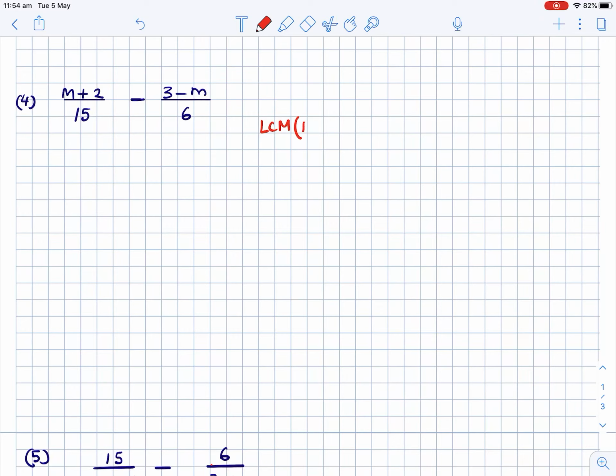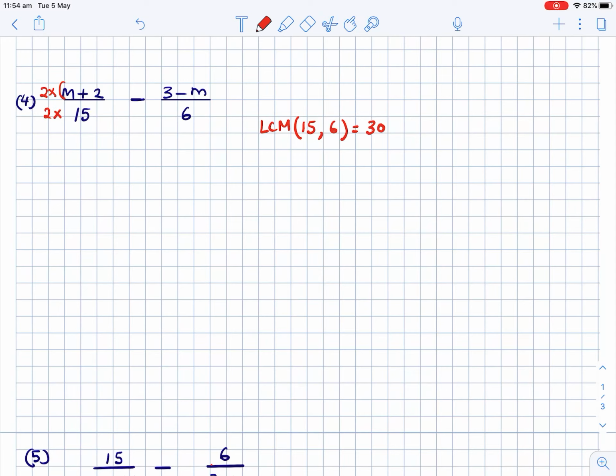LCM of the denominators 15 and 6 is 30. So our aim is to make the denominators 30. In this case, I will prefer to multiply at the front of these fractions. So we multiply by 2, both numerator and denominator.